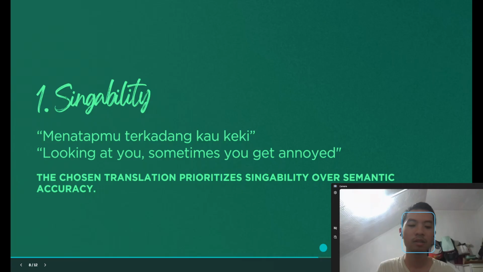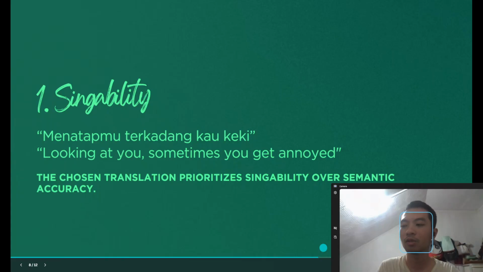Because the meaning is a bit different from the source language. The meaning of "menatapmu terkadang kau keki" is closer to "sometimes you get annoyed when I stare at you," and that's why I prioritize singability over other techniques, because this is a song.